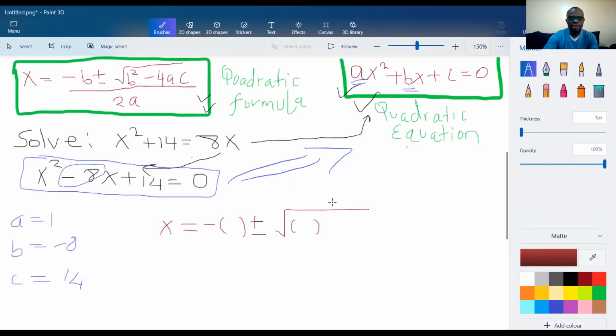So negative b plus or minus square root of b squared minus 4ac, all over 2a. Negative b will be negative of negative 8 because my b is actually negative 8. Then under the root, we'll have b squared, that's negative 8 squared. And a is actually 1 and c was 14.